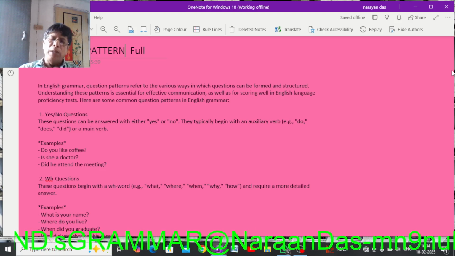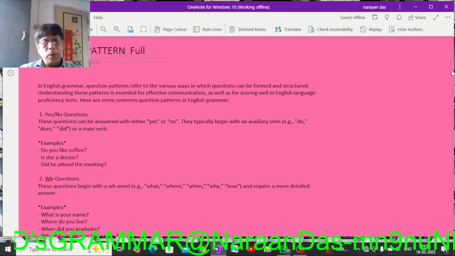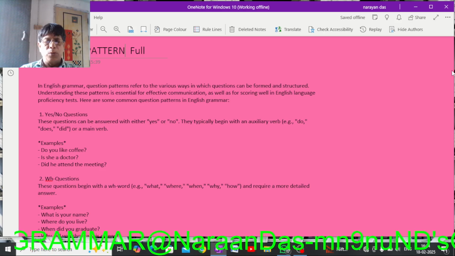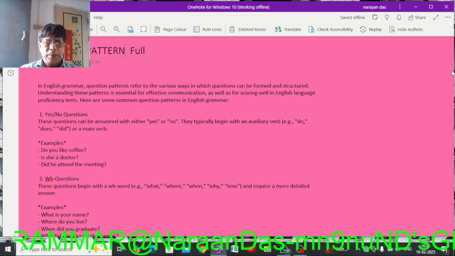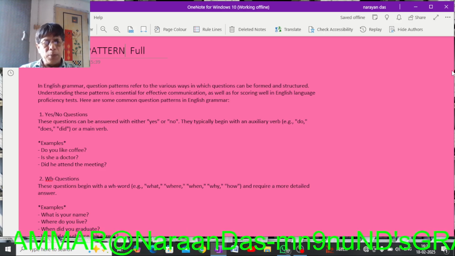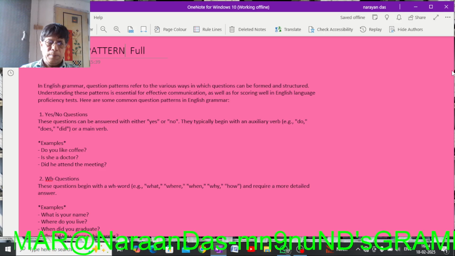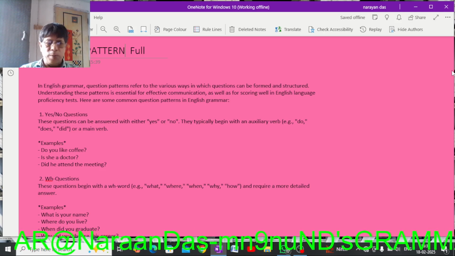And here one thing to be remembered: when you ask a question or make an interrogative using do, does or did, the main verb must be in the plain simple present form. No es or s should be added there.